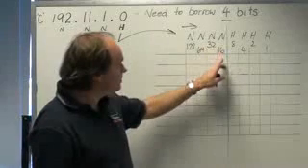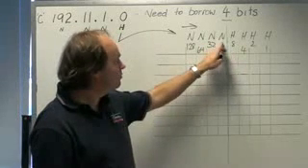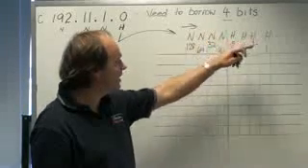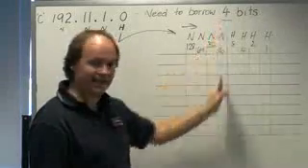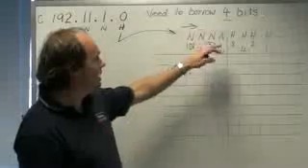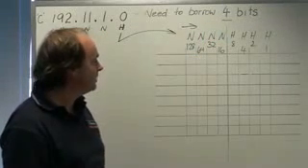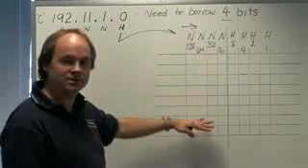Now we see here that it stops between 16 and 8, the 4th and the 5th bit going this way. So we divide that to make it clear that's where our borrowing ends. That's where we stop borrowing our network bits, or taking H's and turning them into N's. And now all we have to do is designate our subnet addresses.